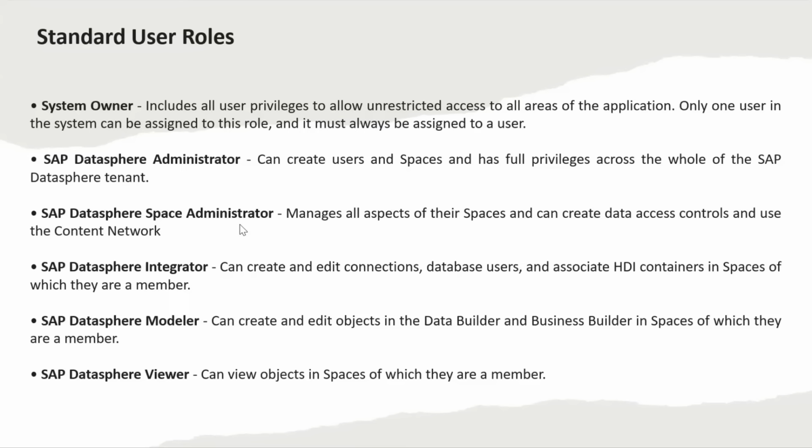So this role is basically, for example, if you have multiple spaces related to multiple business areas, and maybe you have a big IT team where one business area has one specific group of IT team.